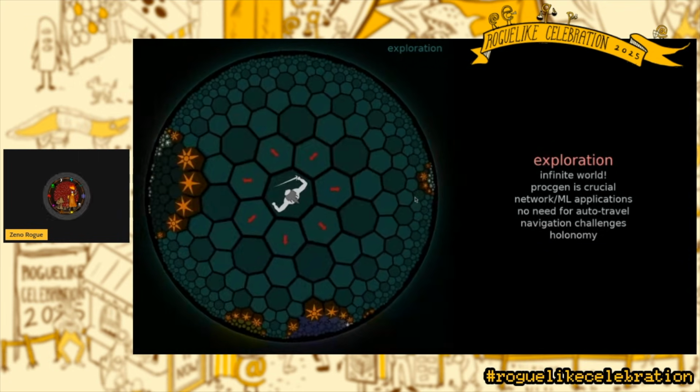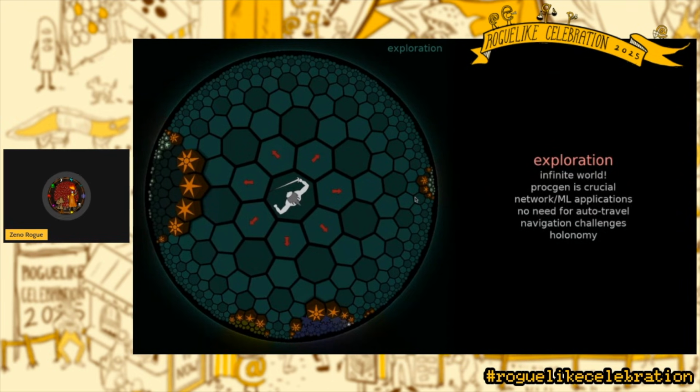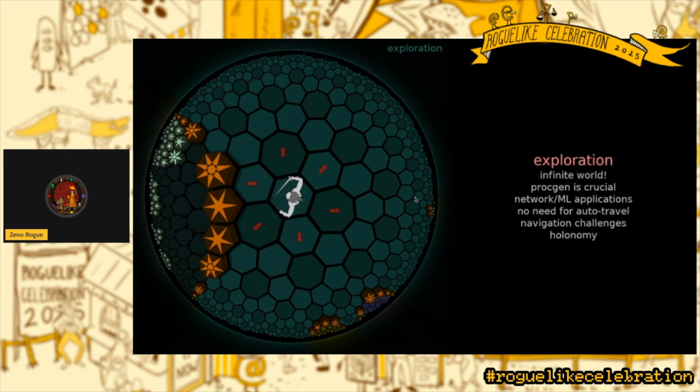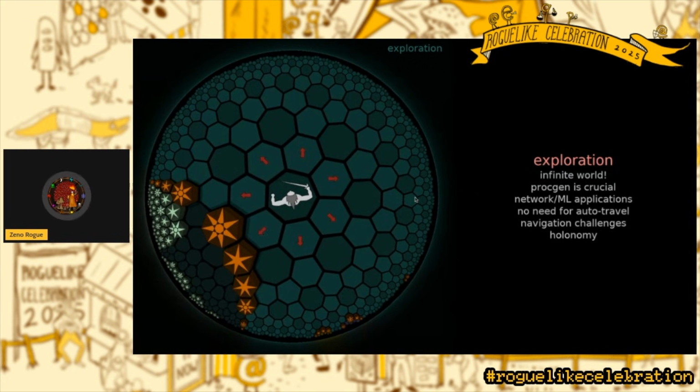One other fun thing is that in HyperRogue there is no need for auto travel, right? There is this controversy in traditional roguelikes: they commonly have this auto travel feature, which makes the game more fun, but it is controversial, right?